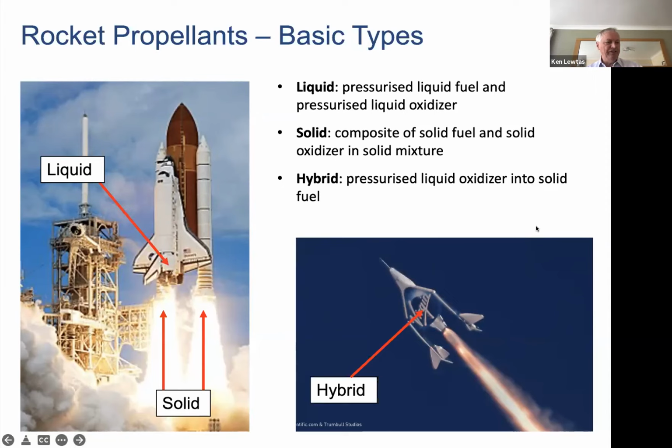Now, each one has advantages and disadvantages. The solid one that I'm going to talk about today is, if you like, the more robust, the simplest, and it has one big disadvantage, and that big disadvantage is once it's started, you don't stop it.